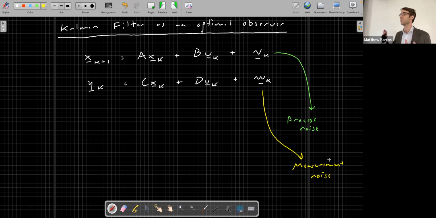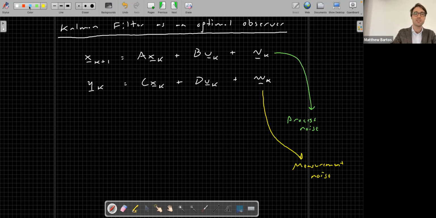It may be subject to some sensor error, right? Or any of the systems that we've talked about in class, whether it's a circuit or the structural system's position, all of those would be measured by something like a sensor, like an accelerometer for the structure, which is going to have some uncertainty or noise associated with it. And we can treat that as a random vector of measurement noise.